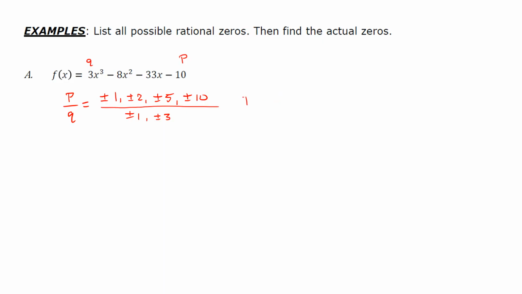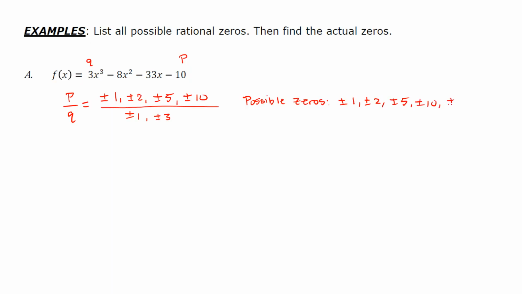So this gives us the possible zeros 1, 2, 5, and 10.